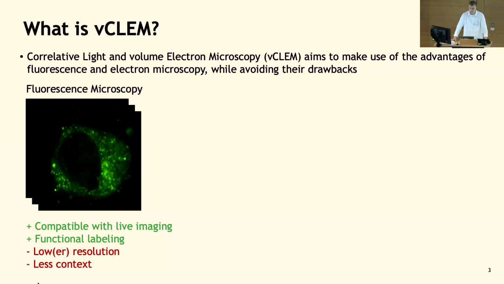And there's a couple of advantages, which include being compatible with live imaging, meaning we can capture cell state over time. We can also functionally label our biological sample, meaning we can capture certain things that we're interested in, such as activation state. However, due to the diffraction limit of light, fluorescence microscopy is generally a little bit lower resolution. And we also have less biological context because we can only see the things that we tag.